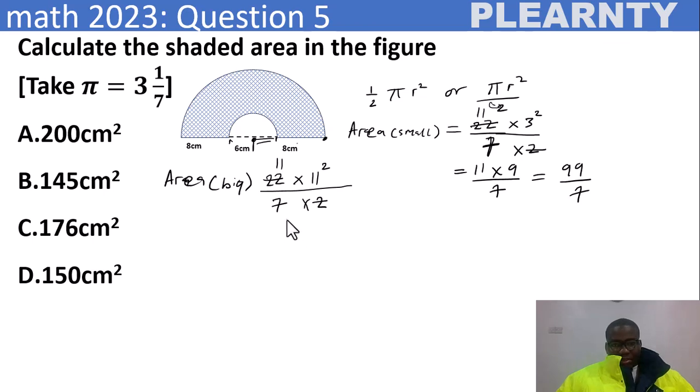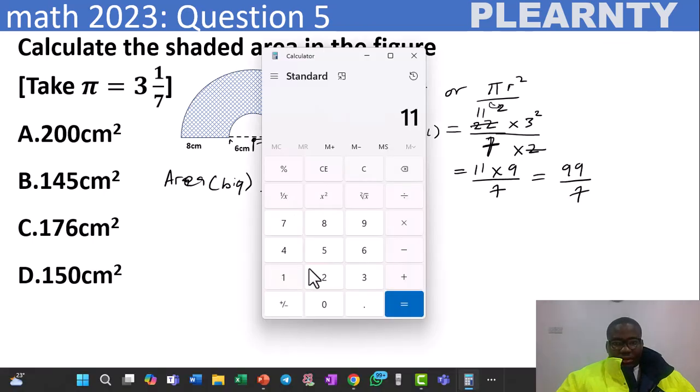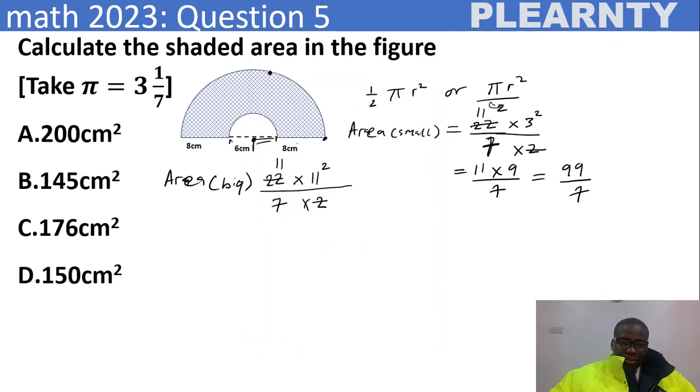So let's punch our calculator. 11 times 11 times 11. So that's 1331. So we have 1331 over 7.